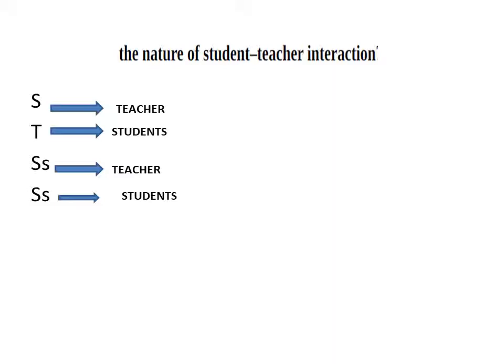The pattern of interaction is, of course, selected according to the different aspects, according to the theoretical background, according to the objectives that we want to achieve. In the grammar translation method, we don't have the students use the target language to interact with the teacher or with each other. That's why the most common pattern of interaction is teacher to students.